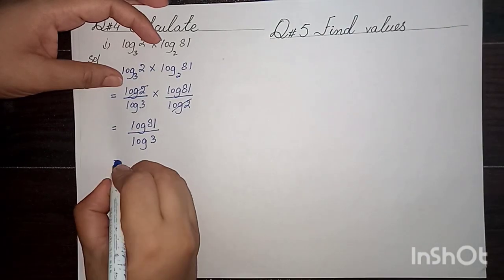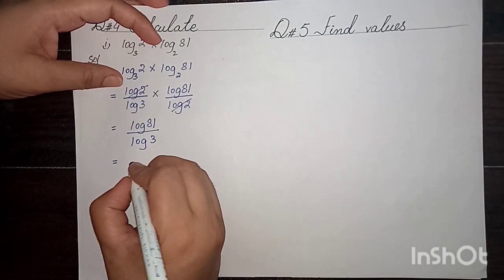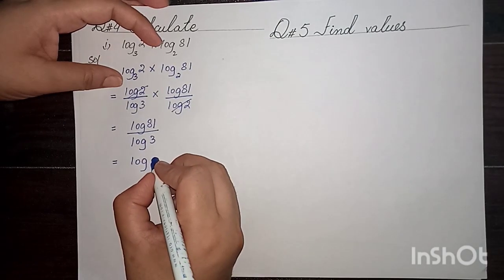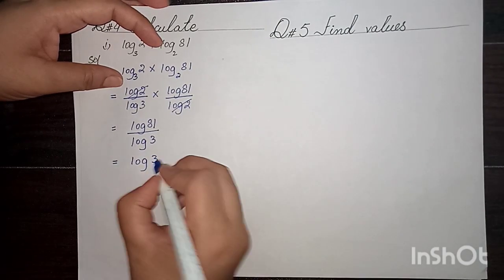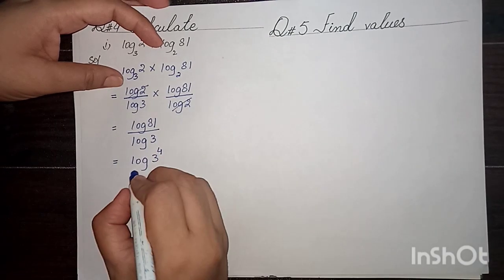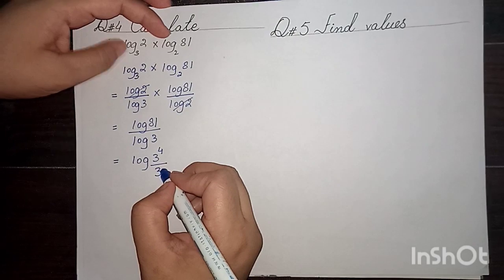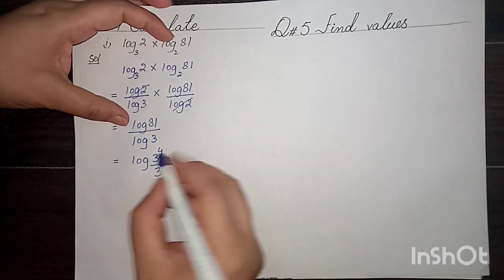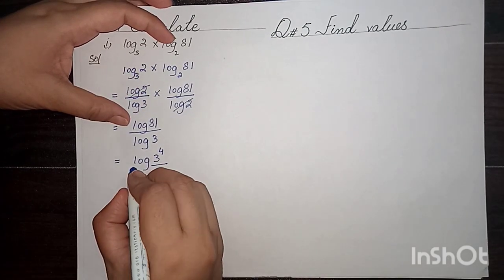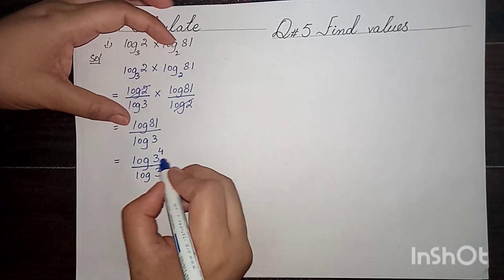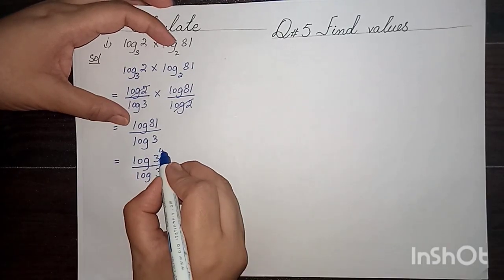And when we find the prime factorization of 81, this is equal to log of 3 to the power of 4 divided by log of 3. We will write it in single logarithm form, or if you don't write it in single logarithm form, you will write log of 3 and then log of 3 power 4.